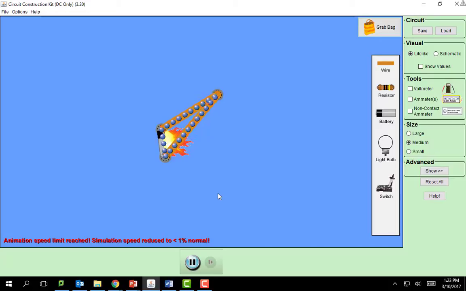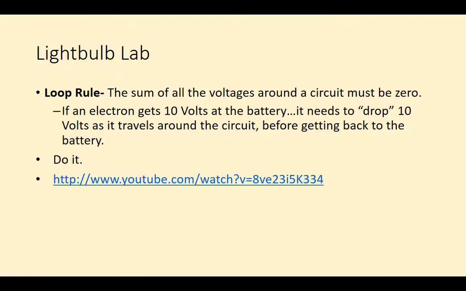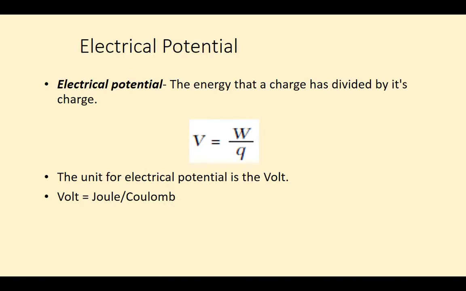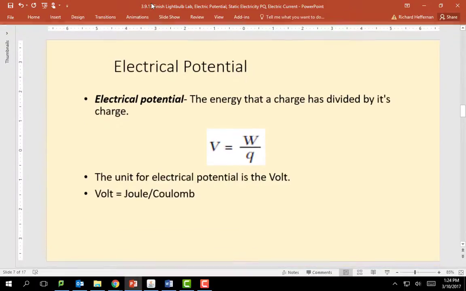Those little C, D, AA, and AAA batteries are 1.5 volt batteries. A volt is a unit, a measure of something called electric potential. All electric potential is just the energy that a charge has divided by how much charge it has.